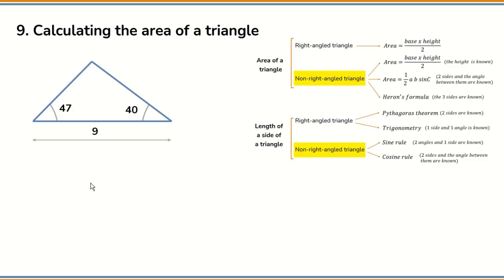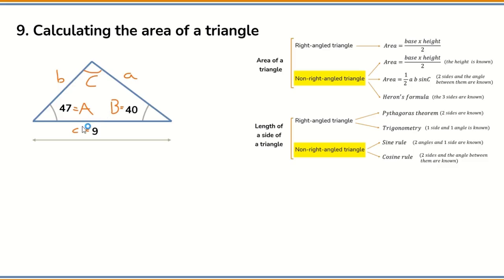I'm going to label the angles to find out which rule we can use. This angle is going to be capital A, so the opposite side lowercase a. This angle B, the opposite side B. And this side is C, so the opposite angle is capital C. I won't be able to use the sine rule because although we know two angles and one side, they belong to three different pairs of angles and sides.